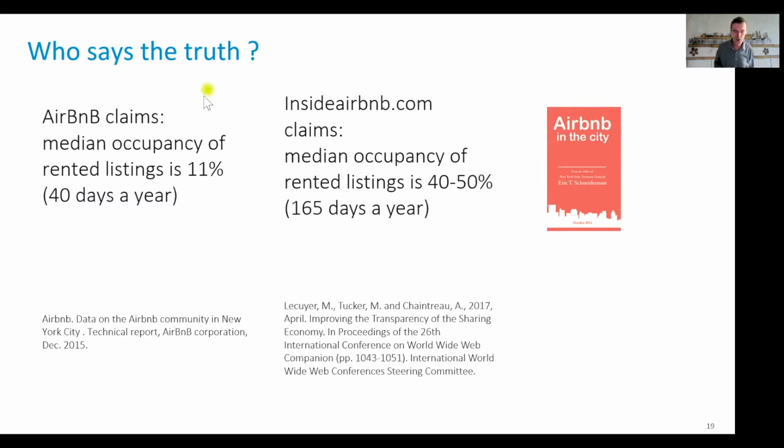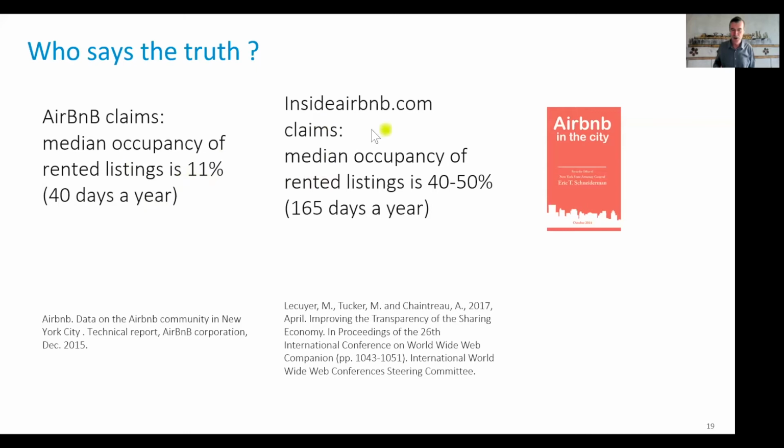And Airbnb said, no, you don't need to make any law about us, because the median occupancy of rented listings, so listing here means an apartment, the median occupancy of apartment is 11%. So you see, our apartments are rented through Airbnb 11% of the time. So that's truly a peer-to-peer system where we take advantage of when people go on vacation, they're happy to have somebody in their house, it makes a bit of money, and then it pays for the vacation. And that is supported by this number, 40 days a year.